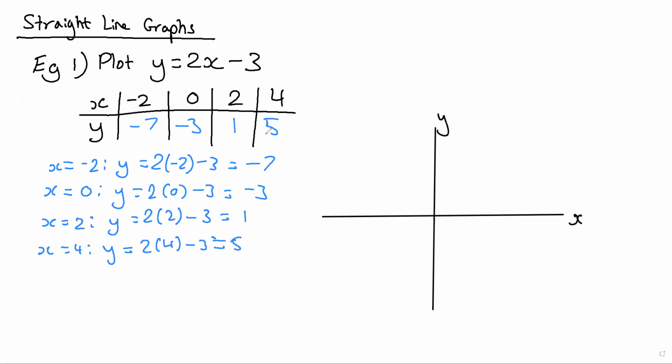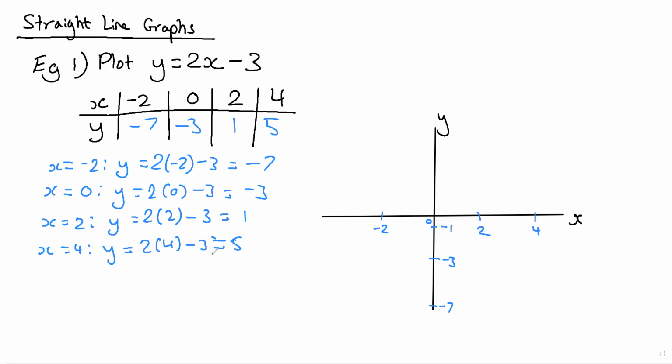So now we have our coordinates, so we can plot them. Let's start. First off, let's put in the values on the x-axis that we want to plot. And now let's put in our corresponding y values. Obviously, it's not going to be completely to scale here.